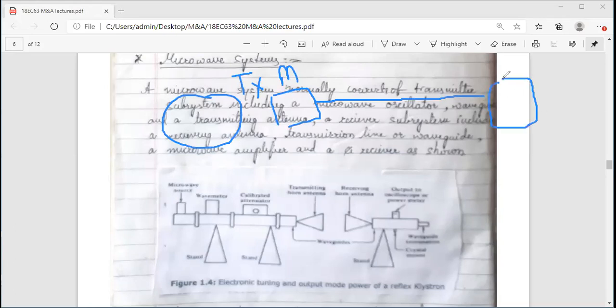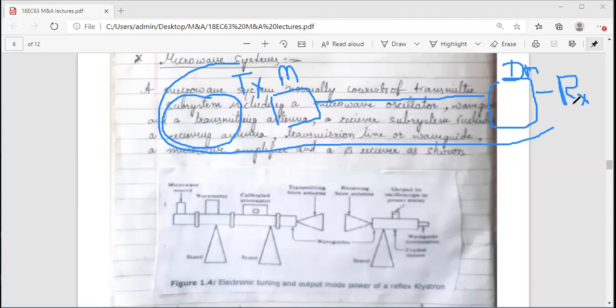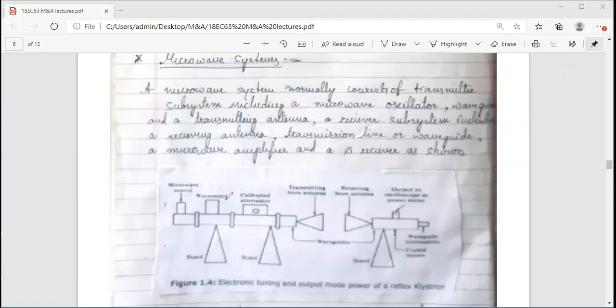Then at the receiving side you'll be having a demodulator, and then a receiver and some amplifiers, transducers. Just like any general system, even a microwave system has a block diagram. So let us just see what that is.